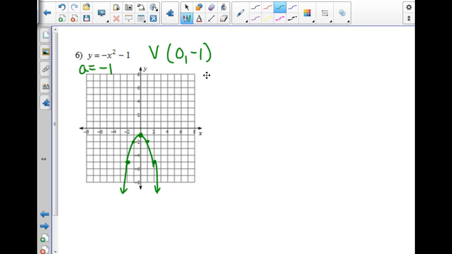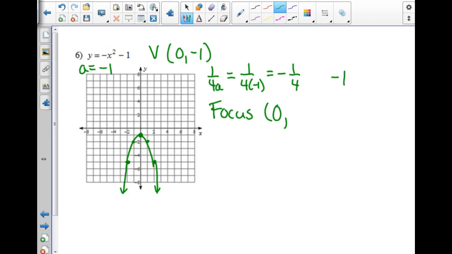Okay, now I'm going to do my focus. I'll need to know what 1/4A is. That's going to be 1/4 times -1, which gives me -1/4. So the focus is going to be at 0, and then I've got to do -1 plus -1/4, which is what k plus 1 over 4a is for this problem. That's -1 1/4.